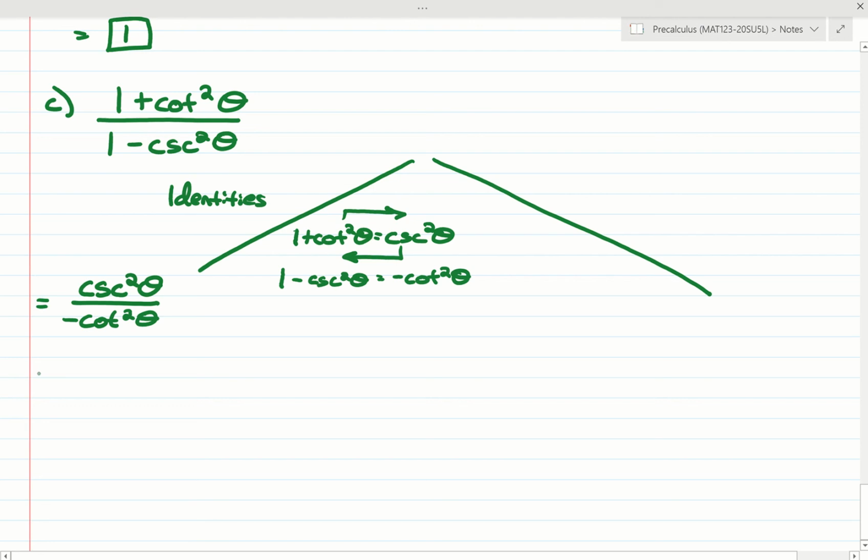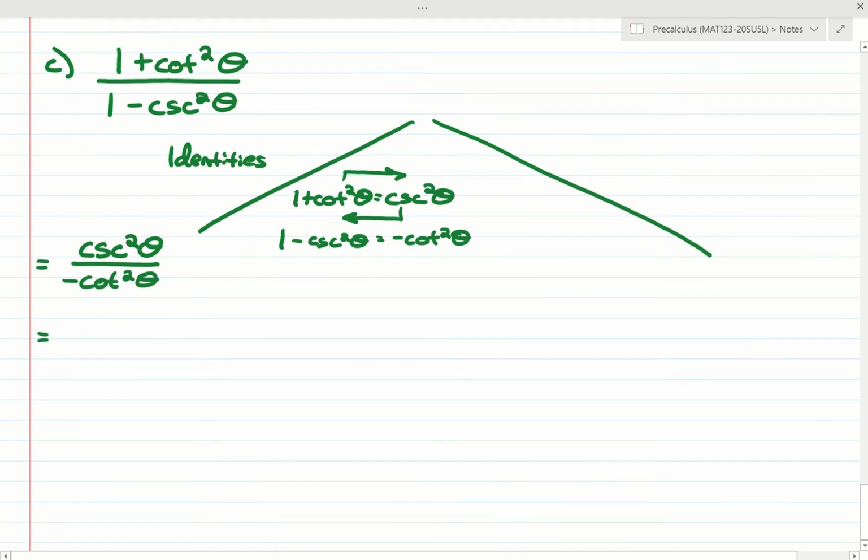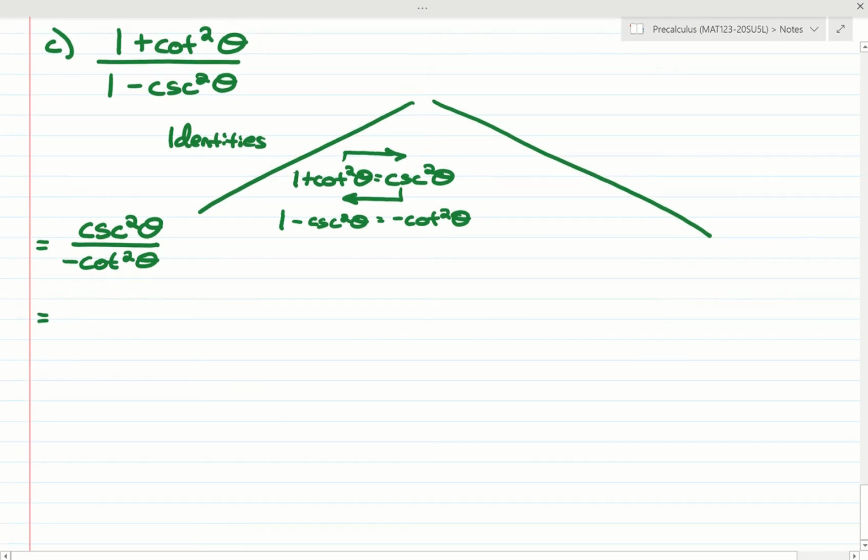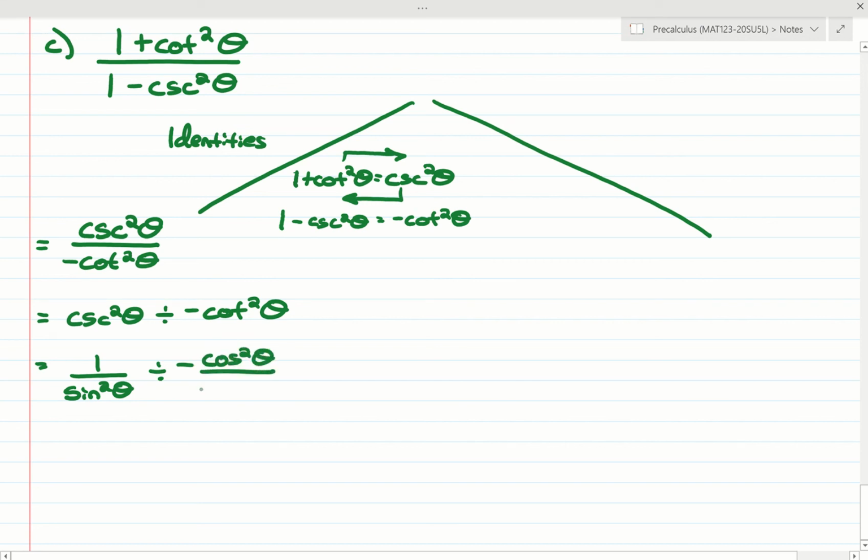Okay, well now we could use our quotient properties and our reciprocal identities. So this is just the cosecant squared of theta divided by negative cotangent squared of theta. Cosecant squared is 1 over sine squared of theta. And we are going to be dividing by negative cotangent squared, which is cosine squared of theta over sine squared of theta.